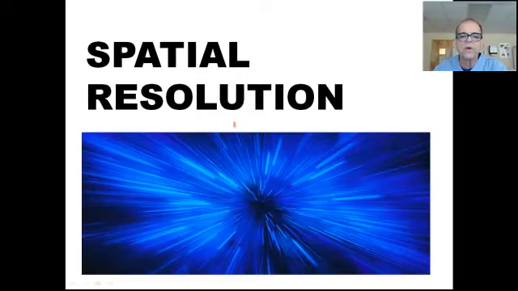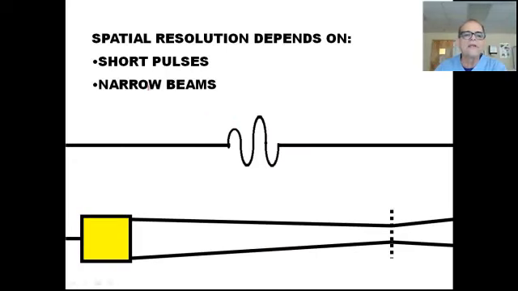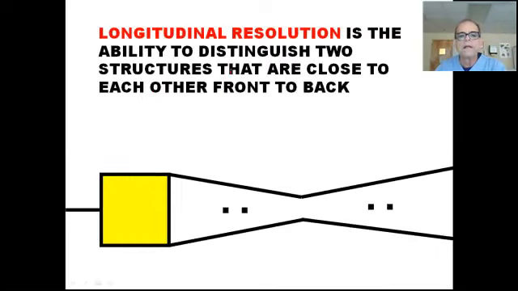Spatial resolution is the combination of the axial and lateral resolution and depends on the pulse and on the beam. Narrow beam and short pulse produce good spatial resolution. Remember that longitudinal resolution is the ability to distinguish two structures that are close to each other front to back.